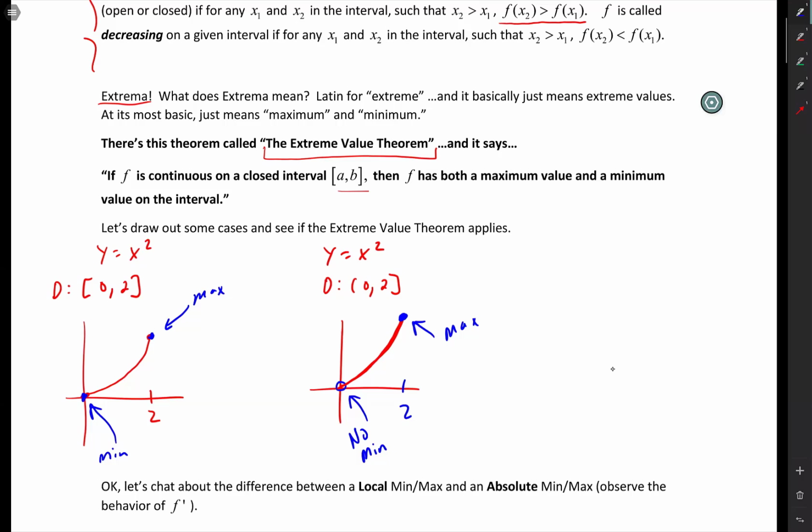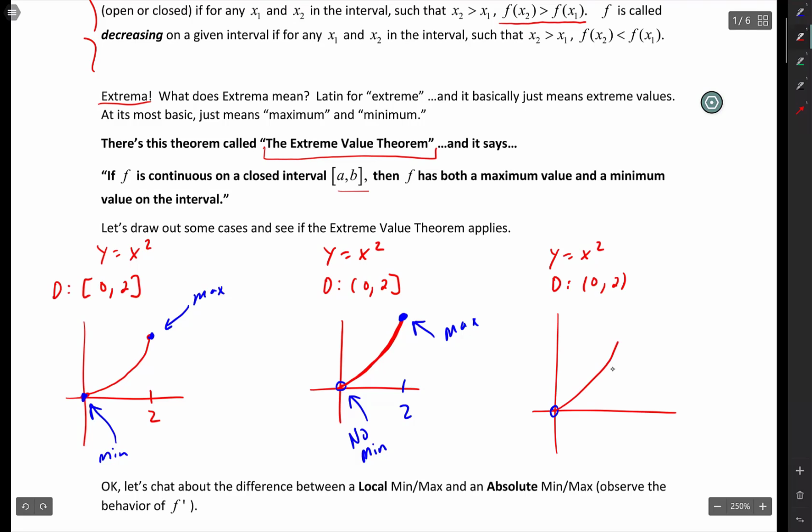All right. So what if I have, let's do another one. And notice this to my domain. It's the same thing, right? 0 to 2, but no brackets on either one. Open, open. No min, no max. Don't get this confused, guys.